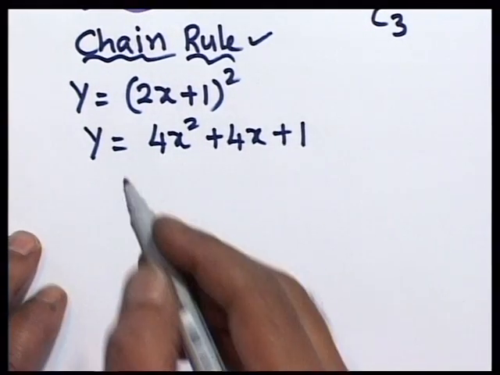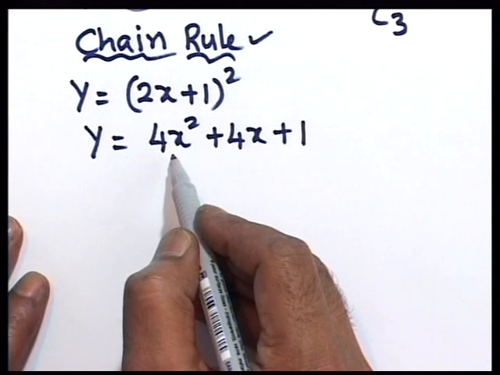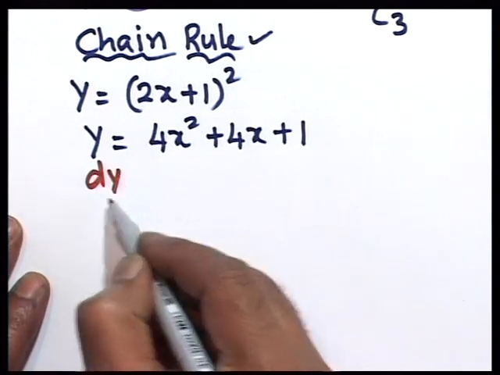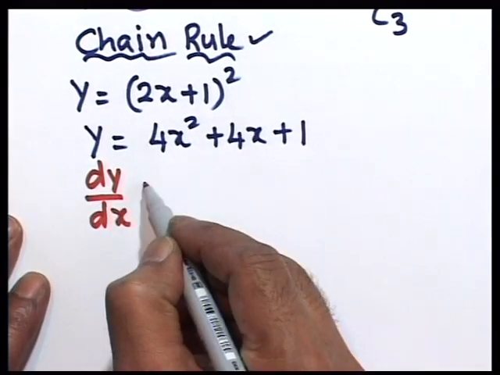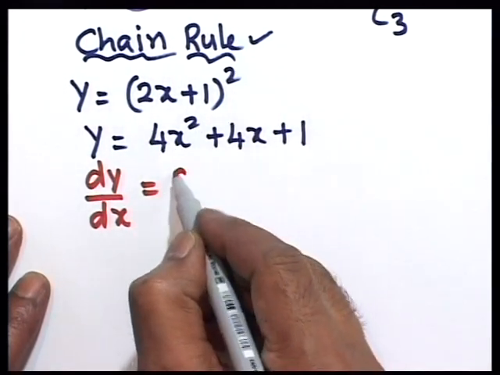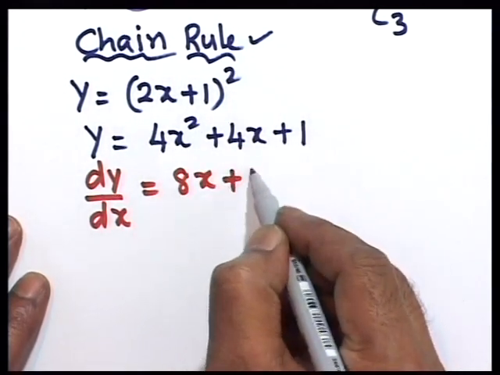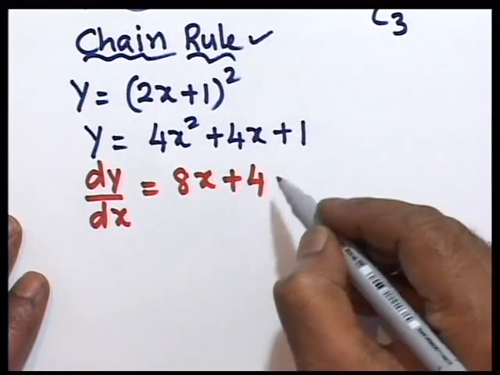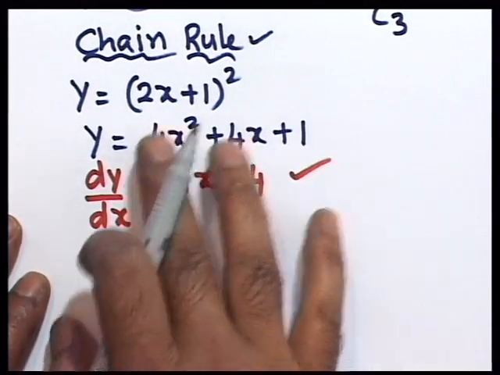Once we expand the bracket, we are ready to differentiate. So dy/dx = 2 times 4, which is 8x, plus 4. That's the answer using the normal method.